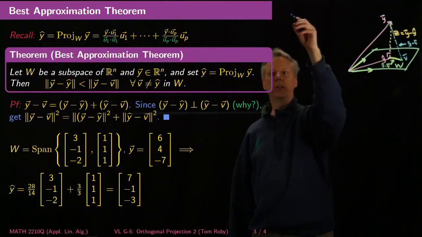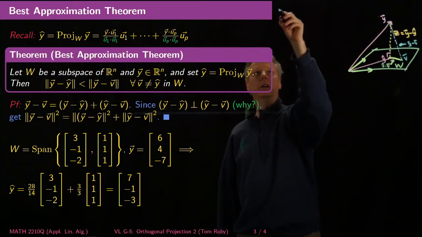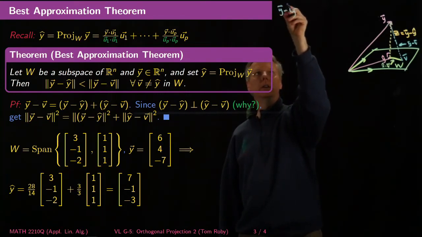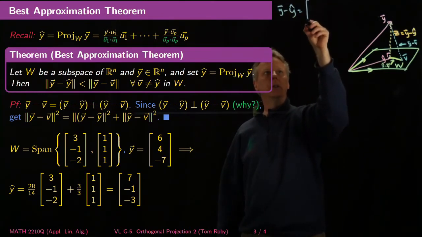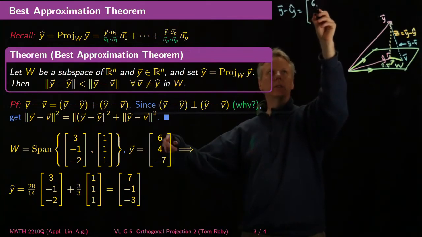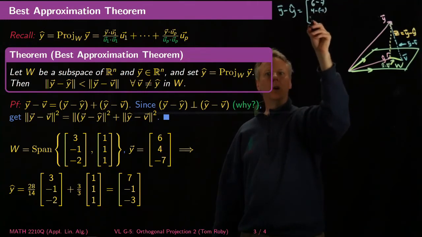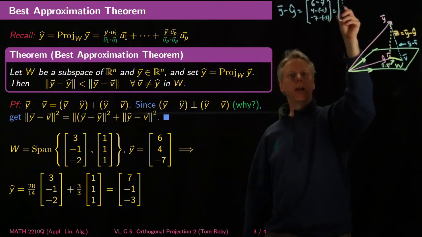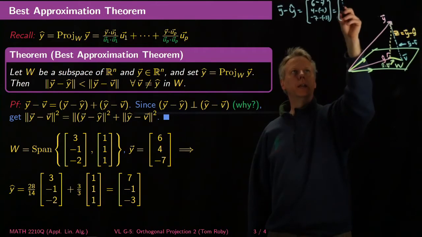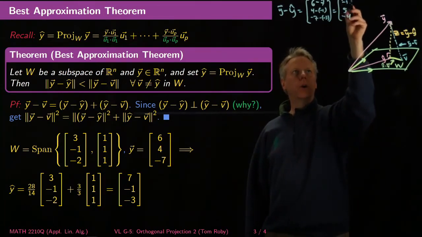So in this particular case, let's see. y minus y hat is equal to (6 minus 7, 4 minus minus 1, minus 7 minus 3). And let's see, if I did that right, I get (-1, 5, -4).